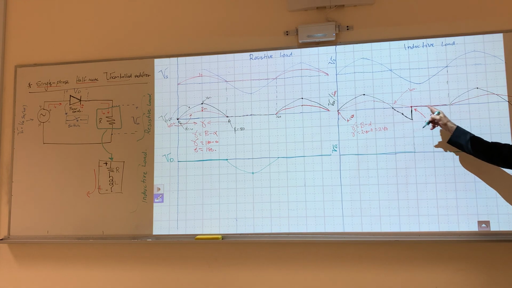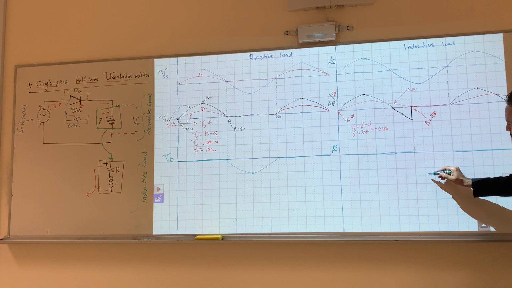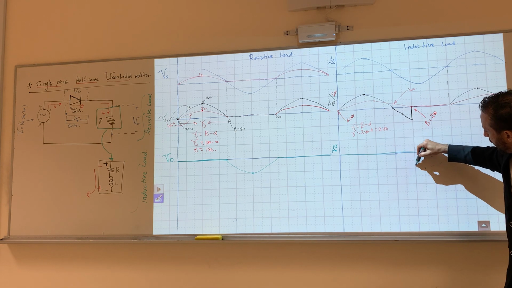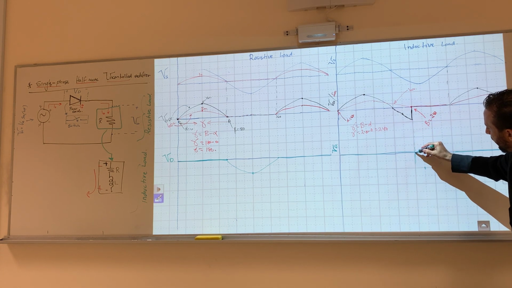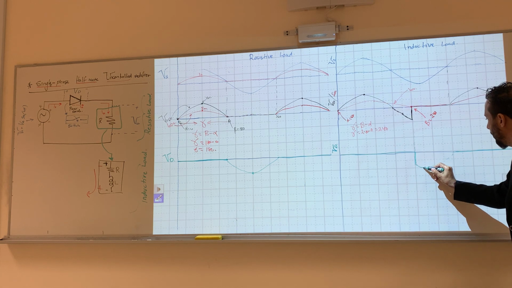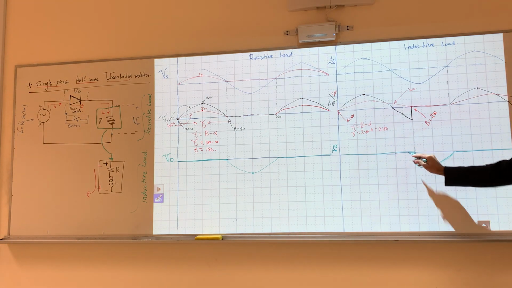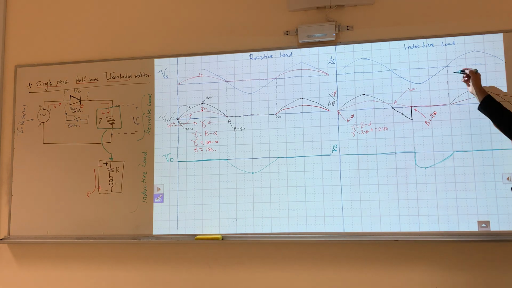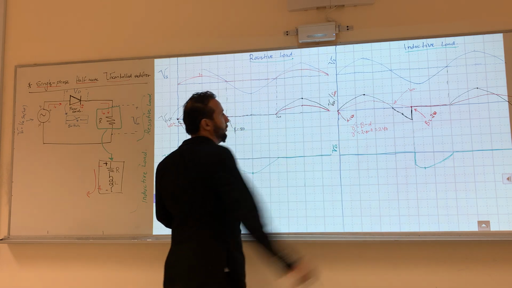When it's red, it's conducting. It's not conducting here. So what should I do? I draw the whole wave, which is here. Then I go from here. This one here should be 0. And this is my V diode. See here? Since it conducts here, it's 0, and that's what's left. This is V diode with inductive load. And this is with resistive load.